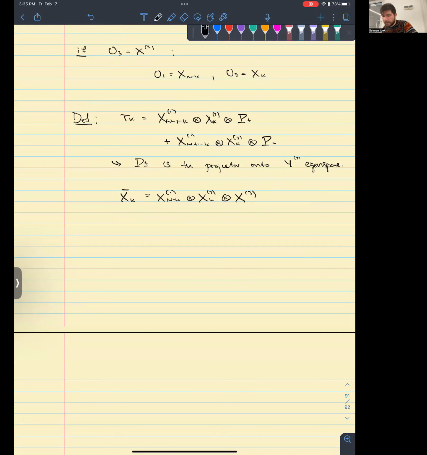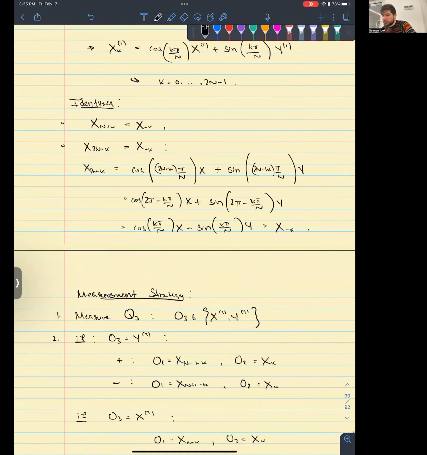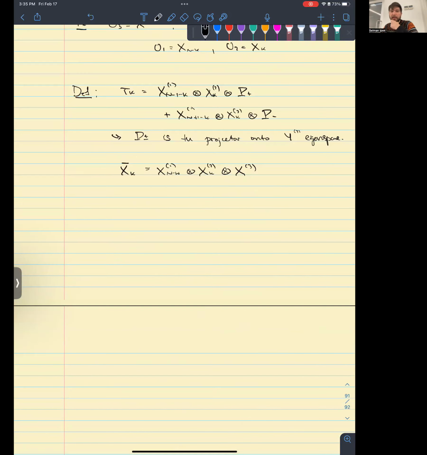There are a couple of identities. More or less, what are we trying to do here? Now that we have set up our observables and our measurement strategy, we want to make a connection to contextuality. One, we want a connection to contextuality proofs. Namely, does this set of observables and this measurement strategy yield a contextuality proof?